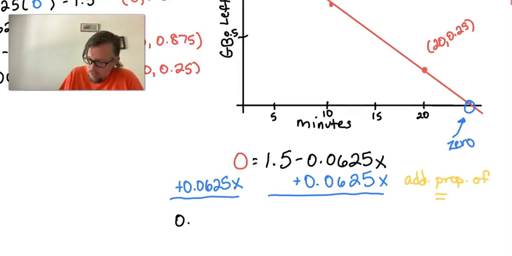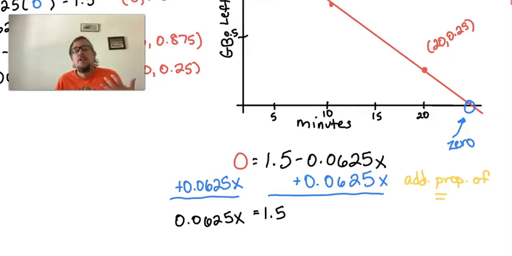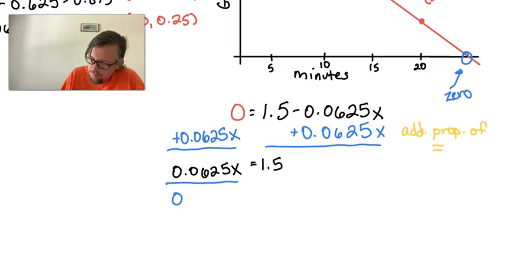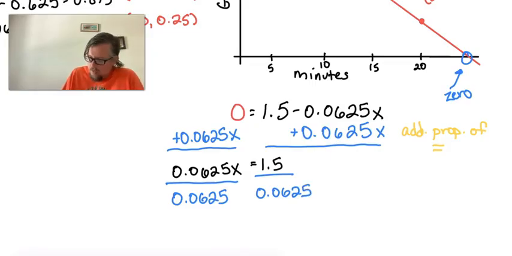Okay, so we've got 0.0625x equals 1.5. Now we're going to use the division property of equality, and we'll just divide both sides by 0.0625. Okay, this is the division property of equality.